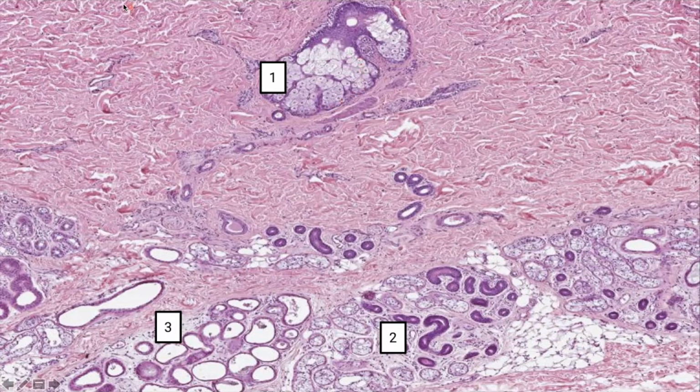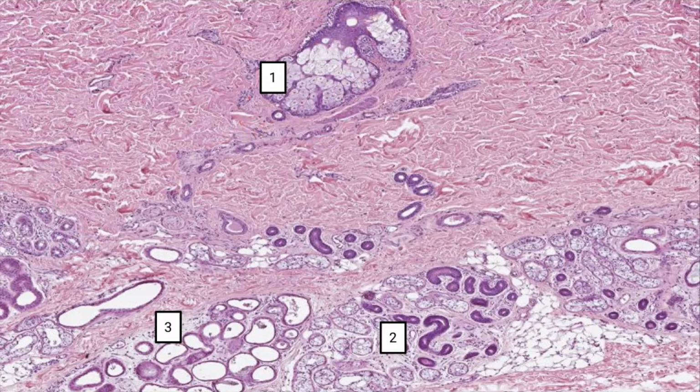This structure up here with a lot of basophilic staining keratinocytes, this is going to be a hair follicle structure. So this sebaceous gland is located in close proximity to that hair follicle, and it will drain via a holocrine secretion system into this hair follicle right here.